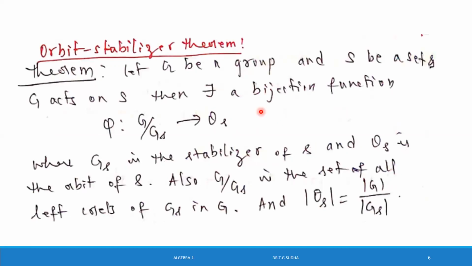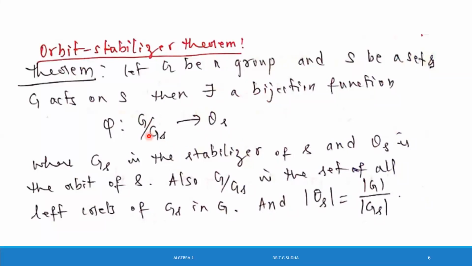Now, let us state the orbit stabilizer theorem and prove it. This theorem states like this: let G be a group and S be a set and G acts on S. That means S is a G set. Then there exists a bijection, bijection means it is a one-one and onto function phi, from G by G_s to O_s.